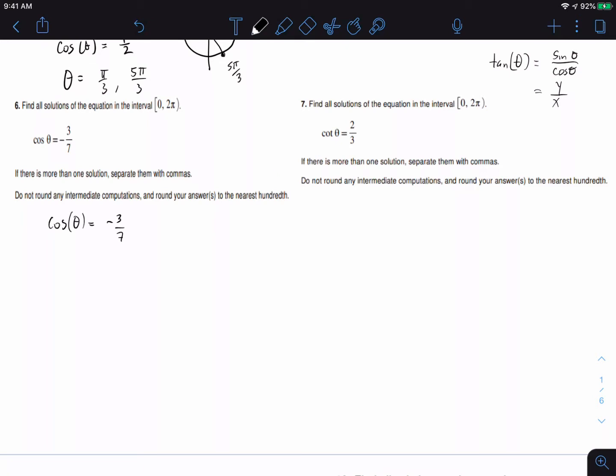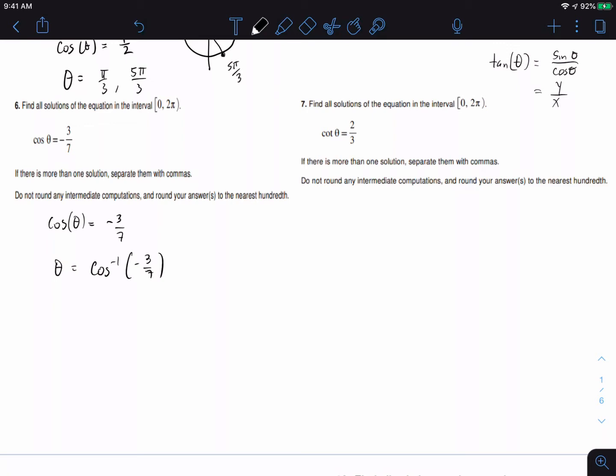So what I'm going to do is multiply both sides by cosine inverse. So I'm going to get theta is equal to cosine inverse of a negative 3 over 7, right?